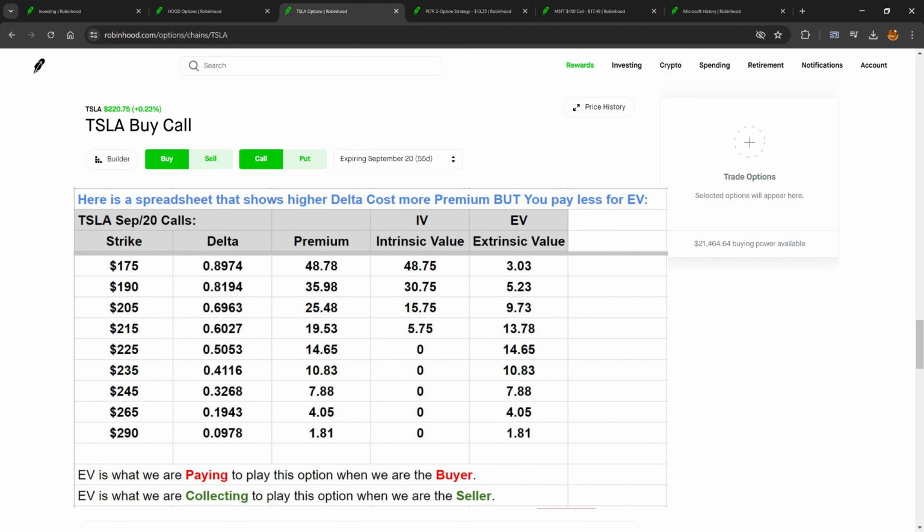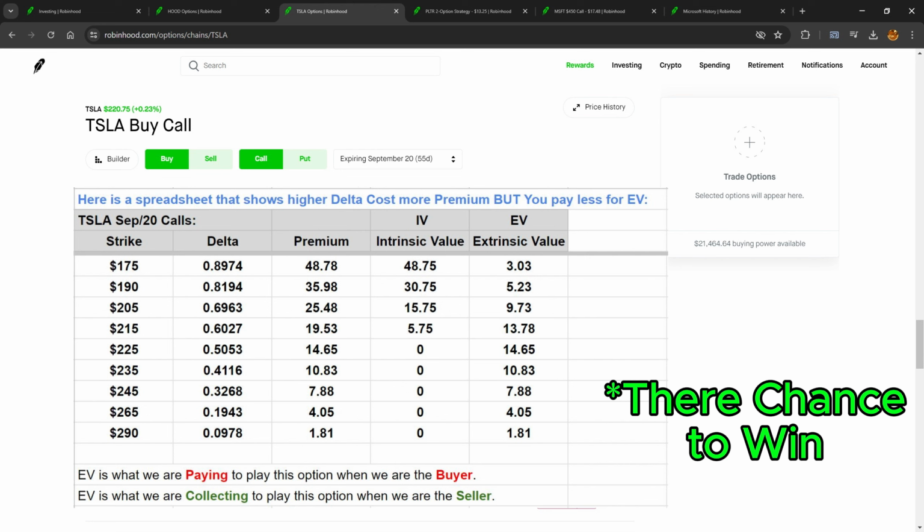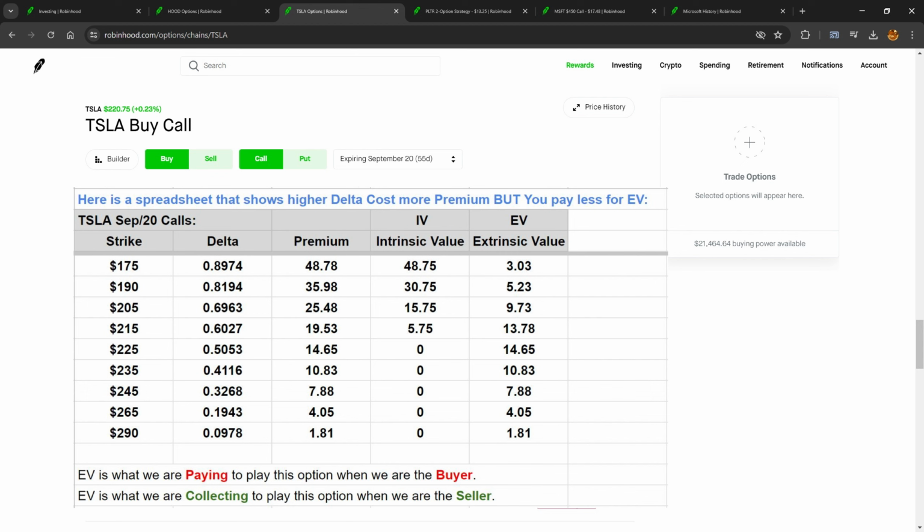They are hoping that during the life of that option, the stock price will move significantly, that their out of the money option will become in the money and it will become a profitable trade for them. However, their percentage of winning is much smaller than your percentage of winning. And if you play it correctly, and I will give you a few examples, you may end up winning with them anyway. Even if the stock price moves significantly and the option that you sold that was out of the money became in the money.